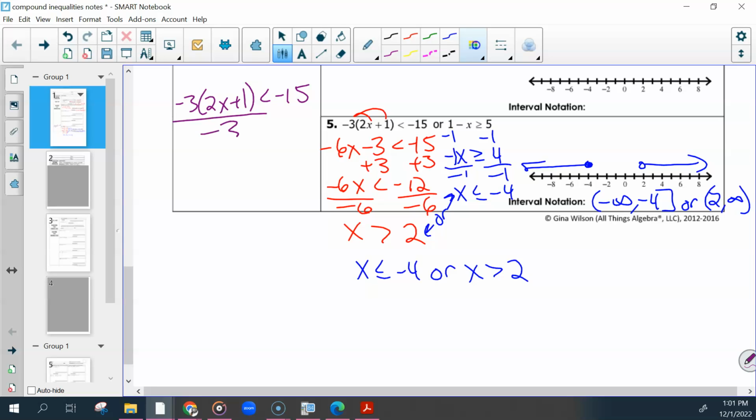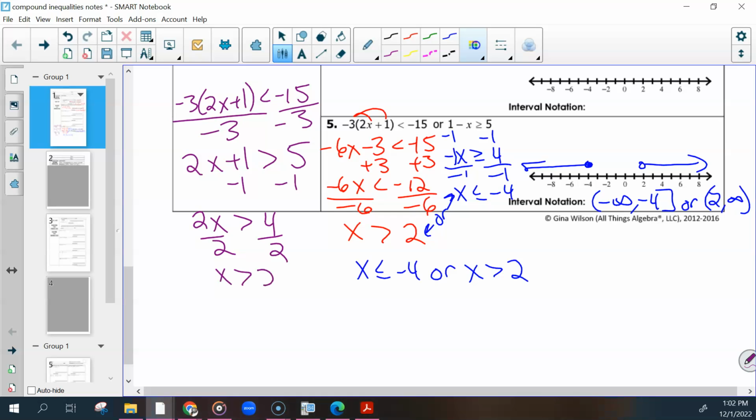I can divide instead of distributing. But because I'm dividing by a negative, my sign would change directions. And then I would solve it from there. So you would get the same thing either way, as long as your math is correct.